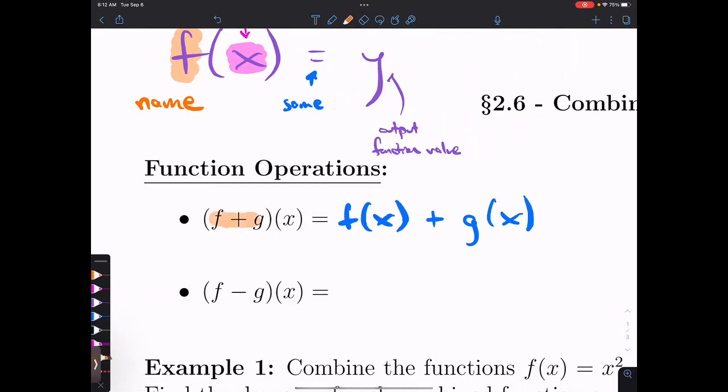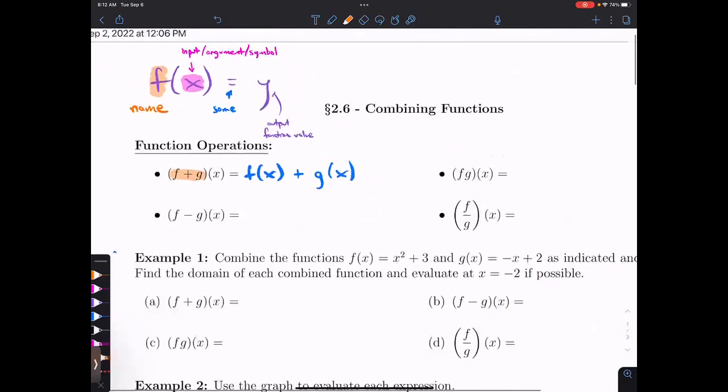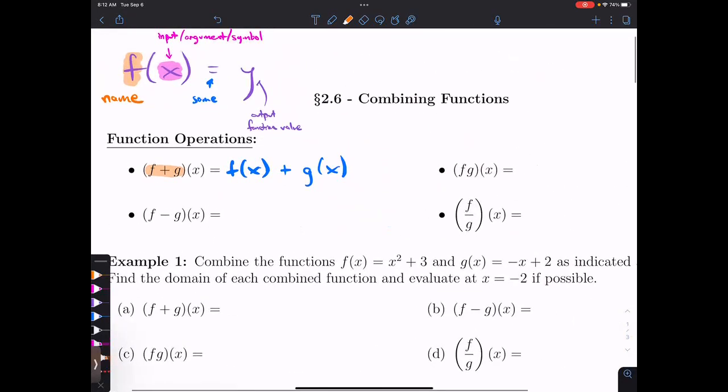Again, think of this just like a name. It's a third function, it's a different thing, but we're naming it f plus g. And the reason we're naming it f plus g is because what we're going to do is take f and take g and plus them, right? We're going to add them together. Okay, so it's exactly what it looks like. So take just a second then and write down what the definitions for those other 3 things ought to look like. F minus g, f times g, f divided by g.